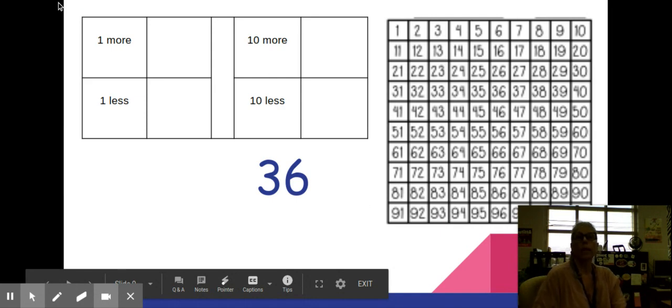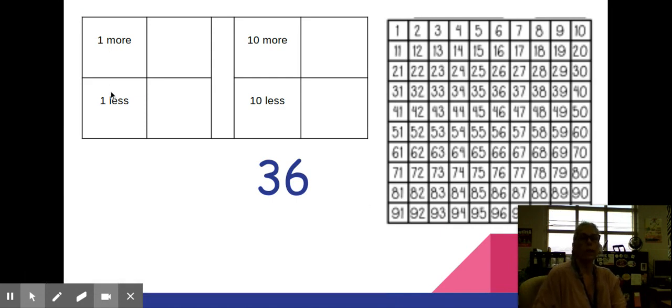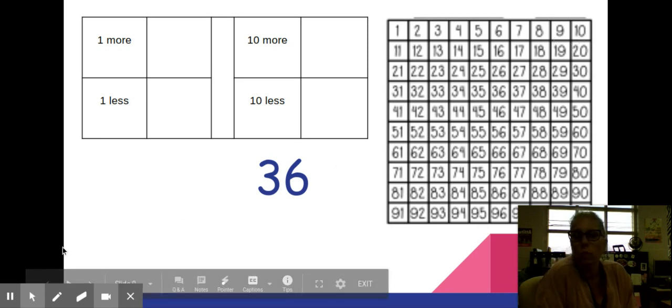Now we need to look at 1 more, 1 less, 10 more, 10 less. As we move across our hundreds chart from left to right, it gets 1 larger as we move. 1, 2, 3, 4, 5, 6, 7, 8, 9, 10. You see it keeps getting larger as we move to the right.